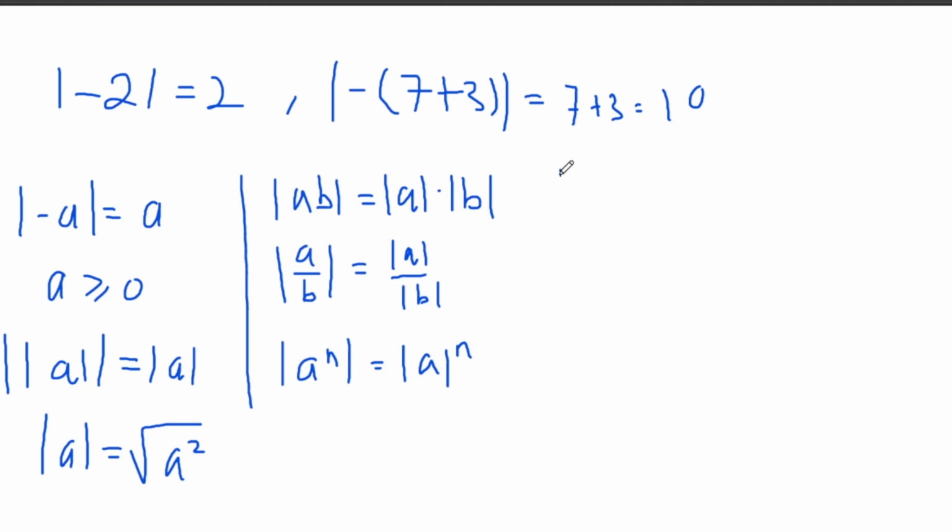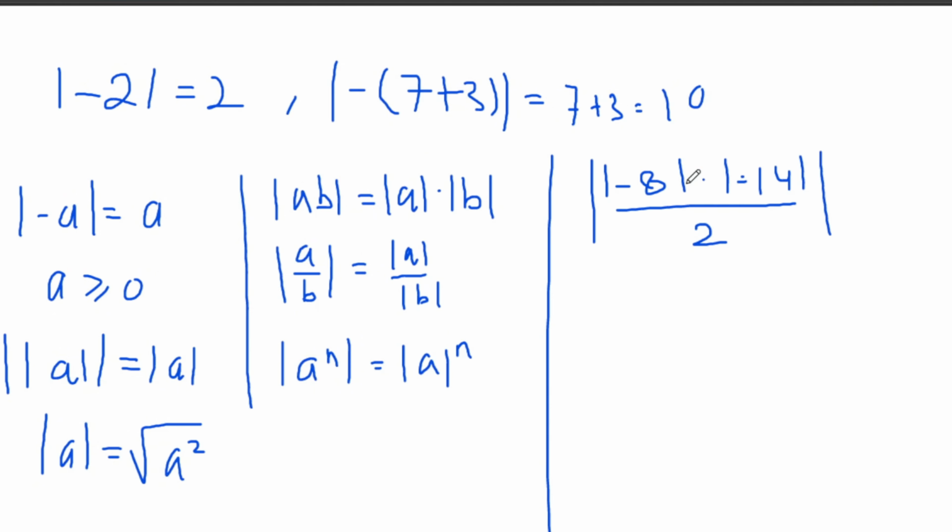Okay, let us go through the examples. If we have the absolute value of negative 8 over negative 14, let us try to use the expressions here. So the absolute value of negative 4 times 2, times the absolute value of negative 7 times 2, over 2.